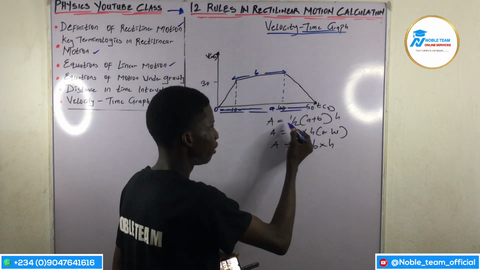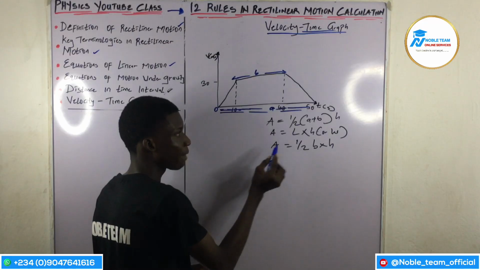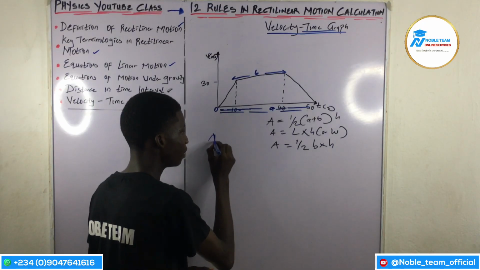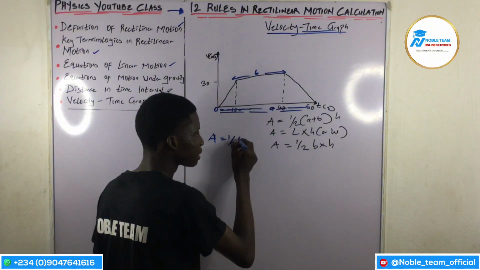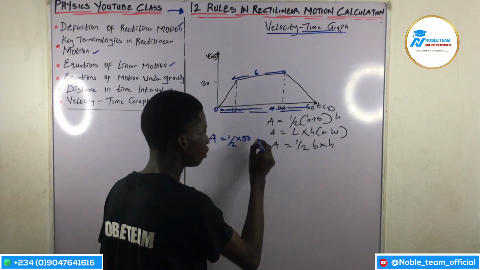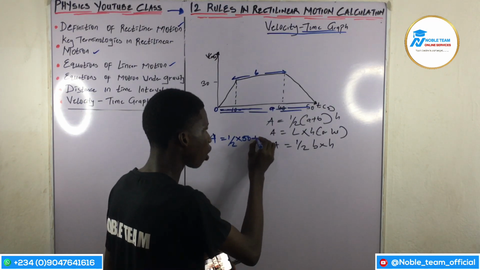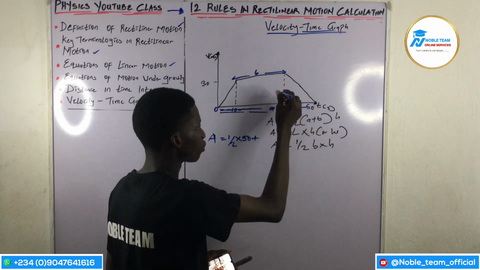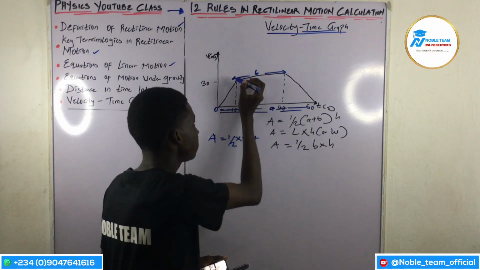Now, my A is what? 50 minus 0. Which is A equal to 1 over 2 multiplied by A, which is 50. Understand what I'm trying to do? 50 plus my B, which is what? 40 minus 10, because the line B is stopping here.